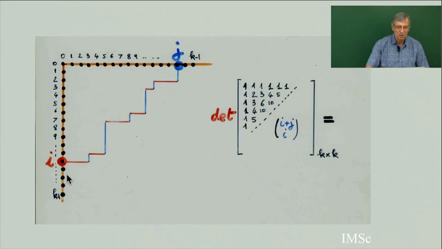The starting point is this one, this point at level i, the ending point is j, and you take paths only with east and north elementary steps. So the sum of the weights of all the paths, now the valuation is only 0 or 1 when you go to the next neighbor east or north, and the valuation is 0 everywhere else. So the sum of the weights of the paths going from i to j is exactly the number of paths, which is the binomial coefficient here.